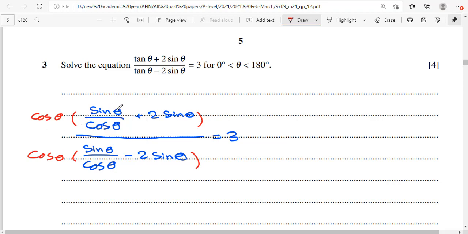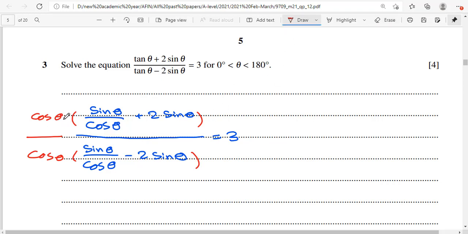It's like we multiply this fraction by cosine theta over cosine theta, and cosine theta over cosine theta is equal to 1. So we also multiply this by cosine theta over cosine theta, but immediately these two cosines cancel each other. That's why we don't even write them.